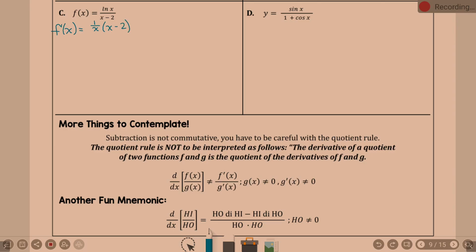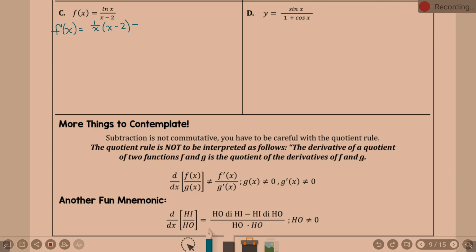Quotient rule says to do the derivative of the top times the denominator. Is that any different than doing the denominator times the derivative of the top? Other than me confusing you along the way, it was listed both ways.